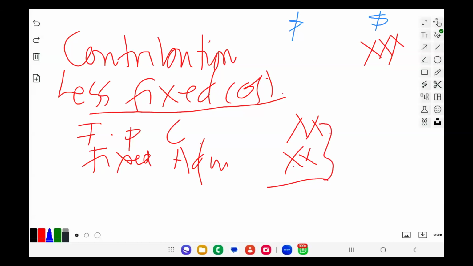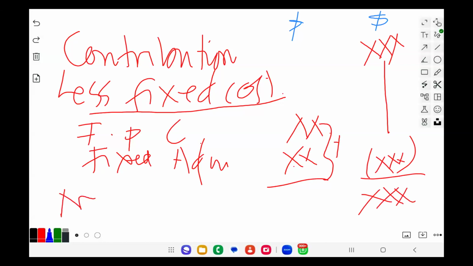Consolidated, meaning added together, their total is pushed in the last column and deducted from contribution. Then what you have here in the last column is the net profit or the net loss.